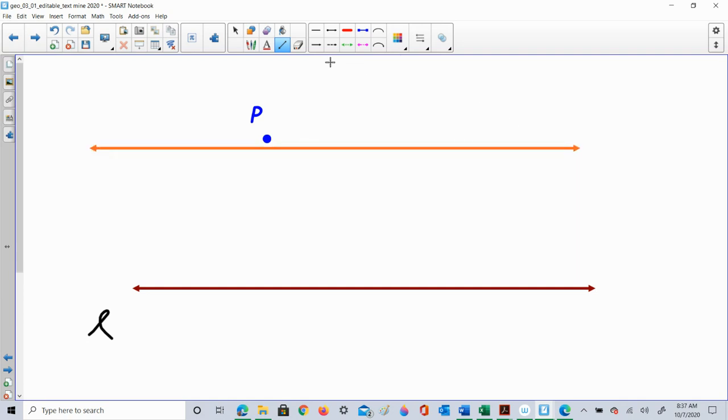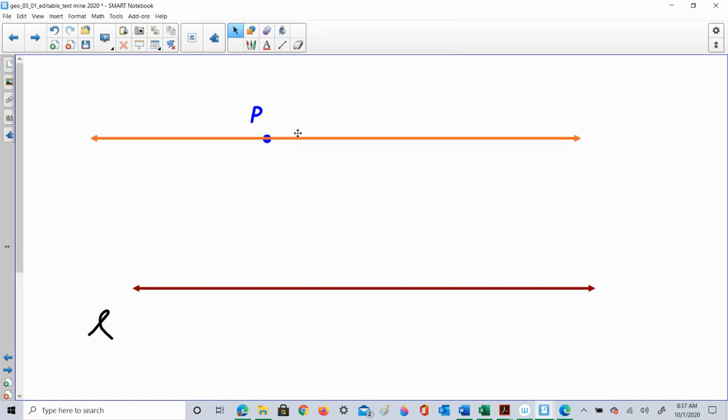I'll do that and then just move it a little so it goes through P. There we go. So there is the only way to draw a line through P parallel to L. So now we know that those are parallel.